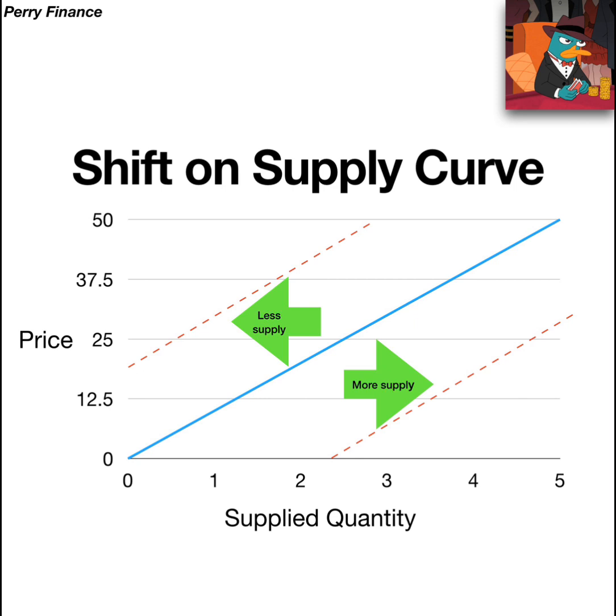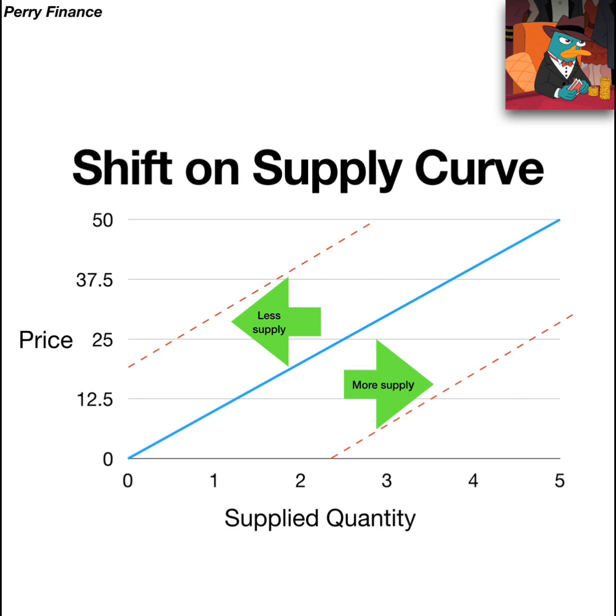As supply curves are generally upward sloping, a shift to the right brings a bigger quantity supplied for a given price compared to the previous curve, and a shift to the left brings a lower quantity supplied for a given price compared to the previous curve.